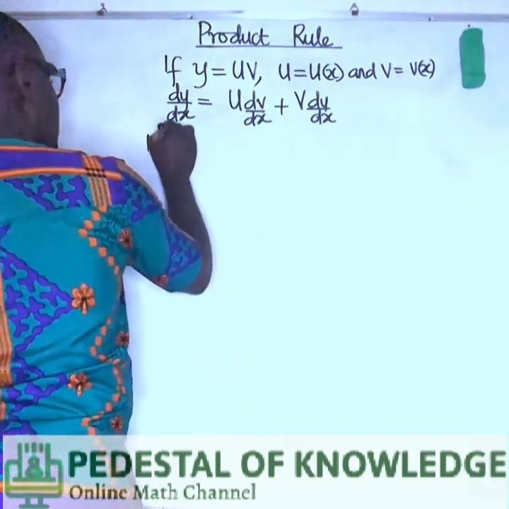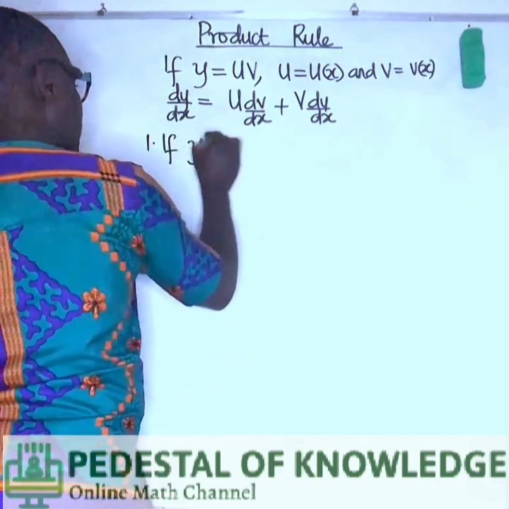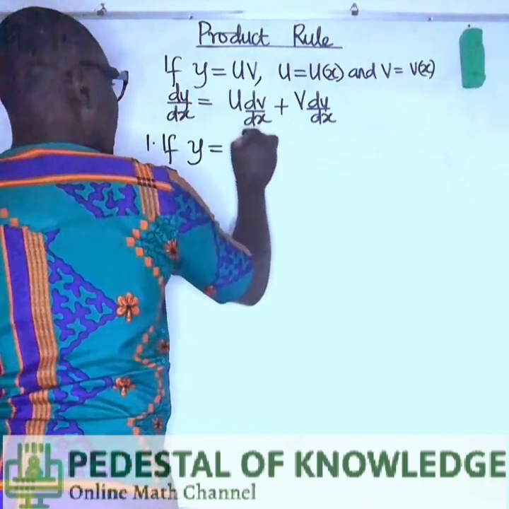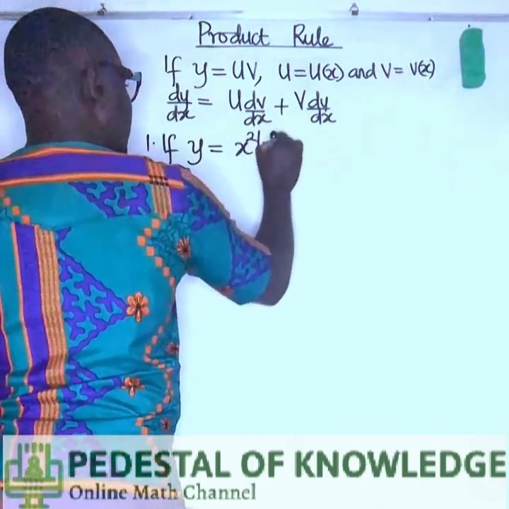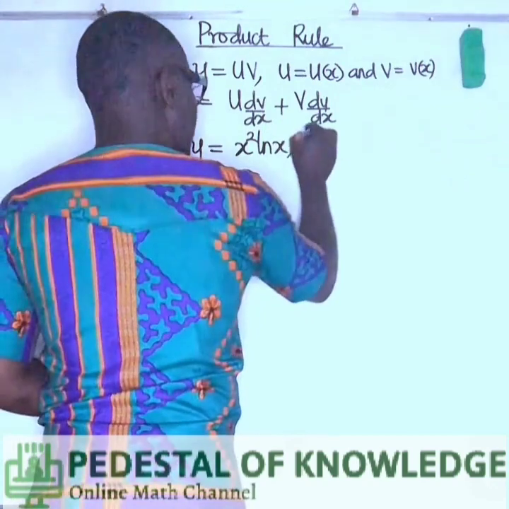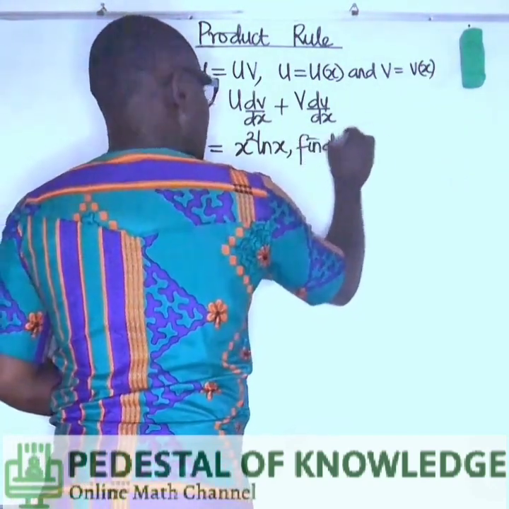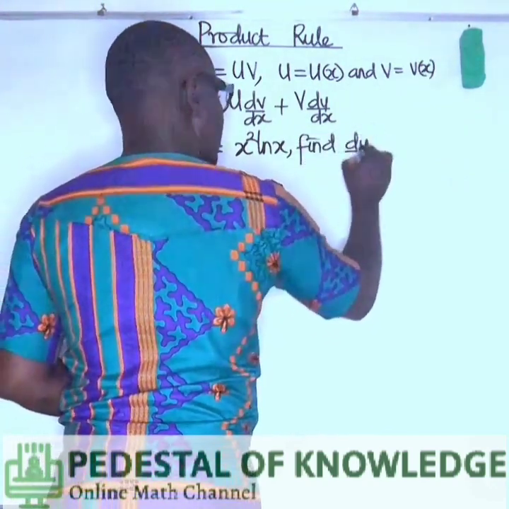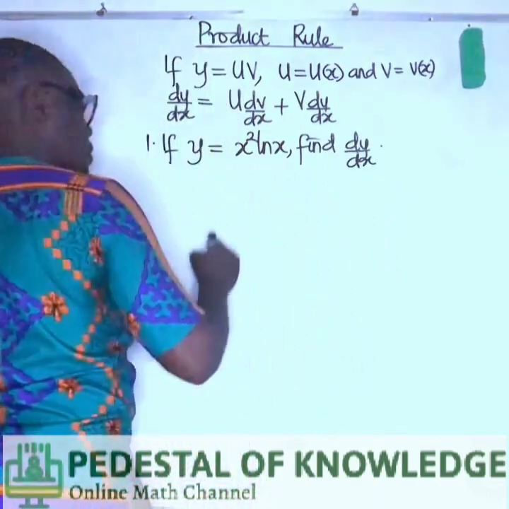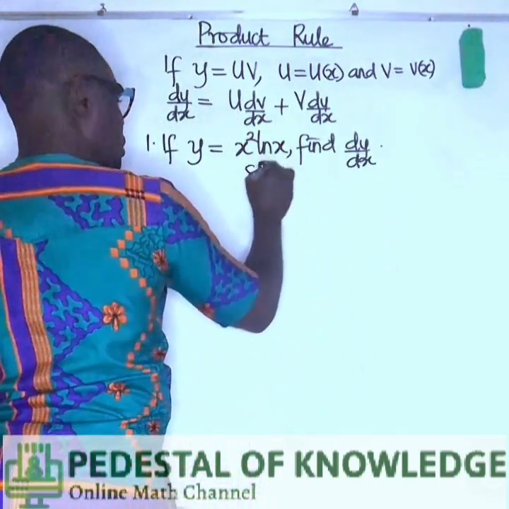Example number 1. If y is equal to x squared ln x, find dy/dx.